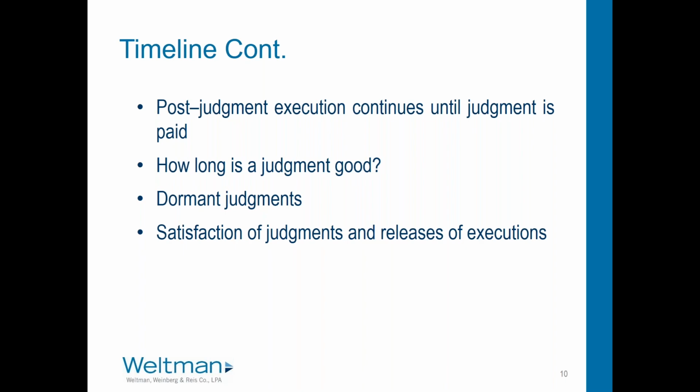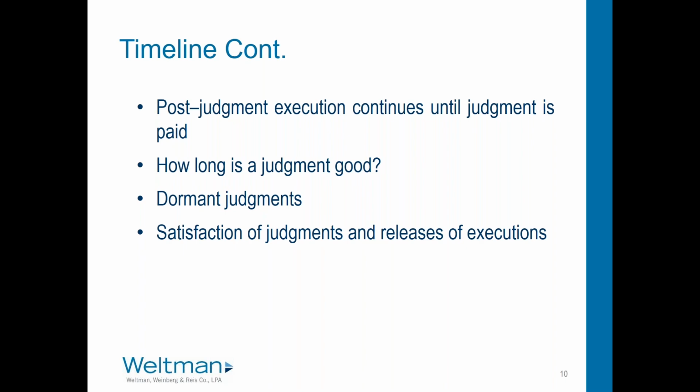In Kentucky, for example, a judgment is good for 15 years after the date of the last execution. So as long as you're filing an execution at least once within that 15 years, a Kentucky judgment can be good in perpetuity until it's paid. But once you reach that 15 years after the date of last execution, the judgment's deemed expired, void, no longer good, and you cannot revive it.